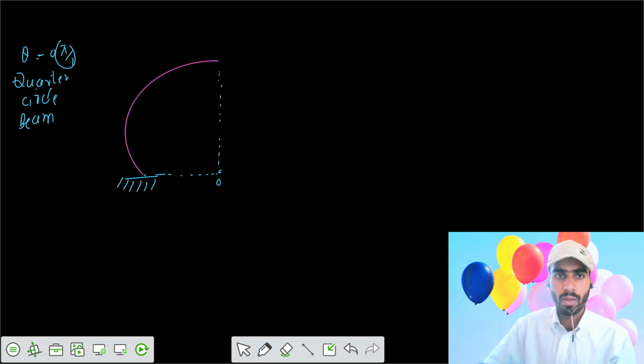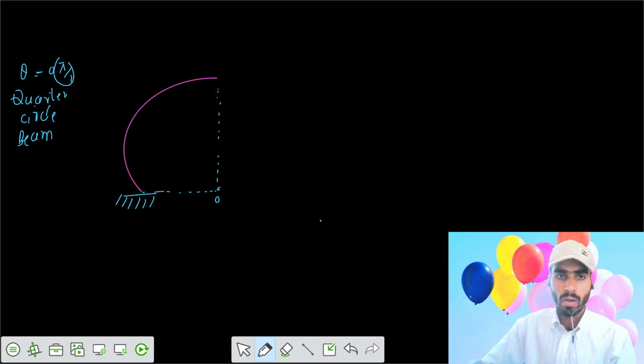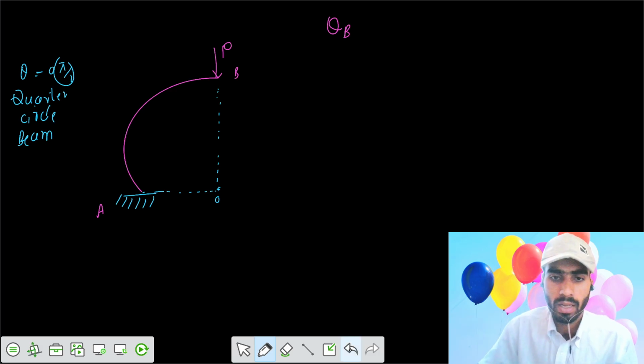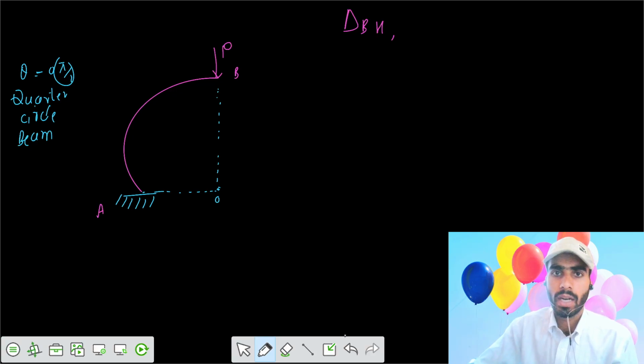Now you have applied a vertical load of P at the free end, and you need to get the value of delta. Say this is your point B, this is point A. You need to get the value of theta at B, and the delta at B in the horizontal direction and delta at B in the vertical direction.